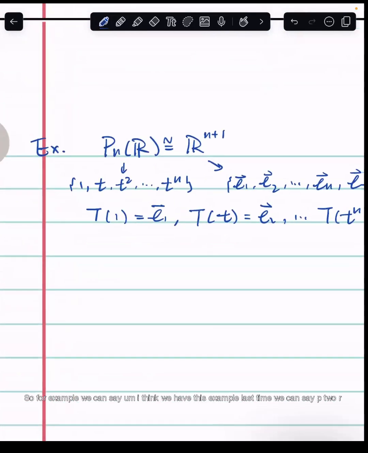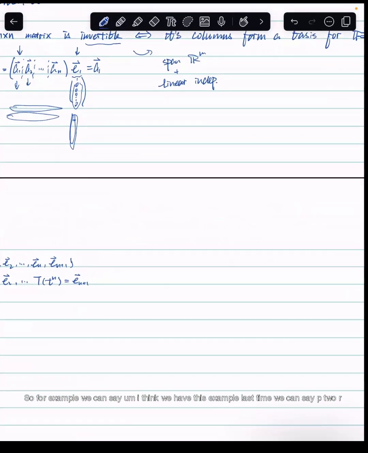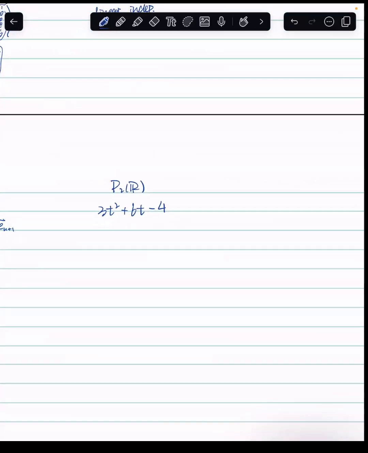So for example, I think we had this example last time. We can say P2R, and one example in P2R can be 3t squared plus 6t minus 4. If we want to say P2R is isomorphic to R cubed, then we should be able to represent this in R cubed.